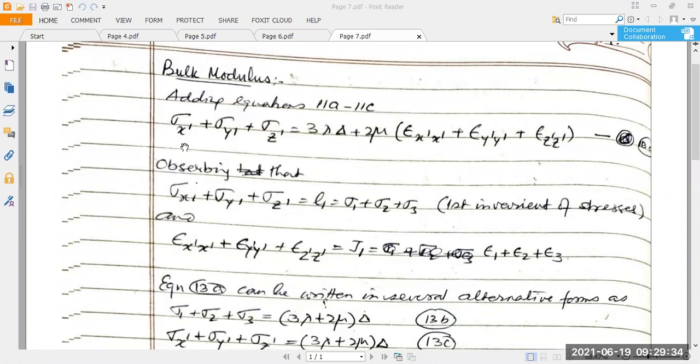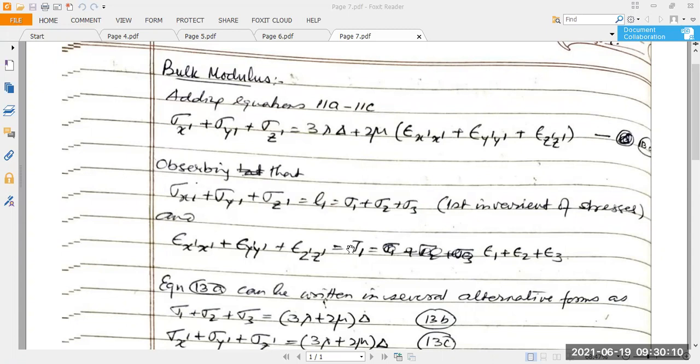If we put the value of sigma x here, and we represent sigma x dash in terms of strains, sigma x dash is lambda into delta plus 2 into mu epsilon x dash x dash here, and then sigma y dash is similar, sigma z dash is similar itself.